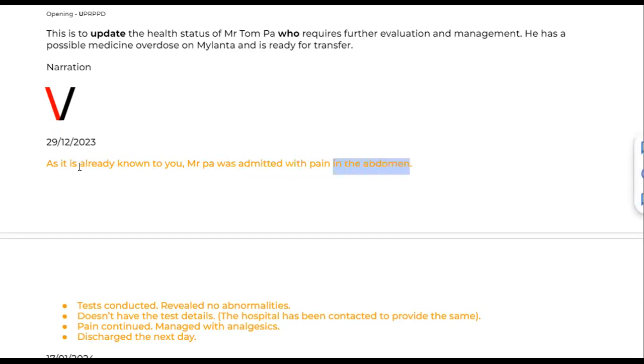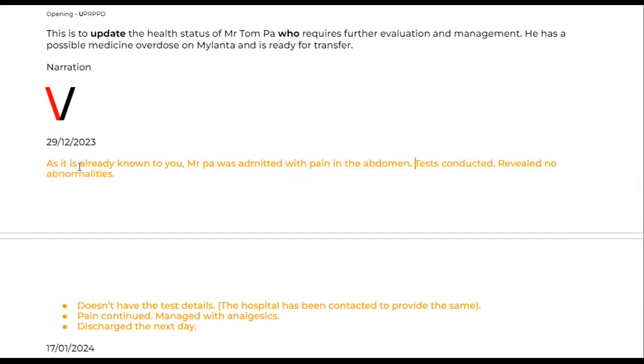With pain in the abdomen. Although never write tests were conducted. Okay, although tests revealed no abnormalities, comma. See, remember, just after the word although, please don't put any kind of comma or something here. No commas will come in this area, but the comma will come after a few words.